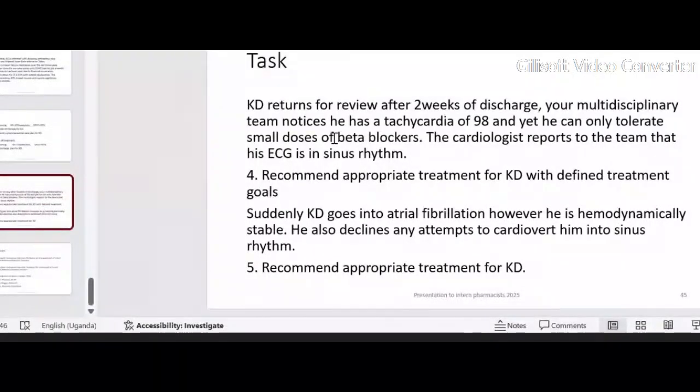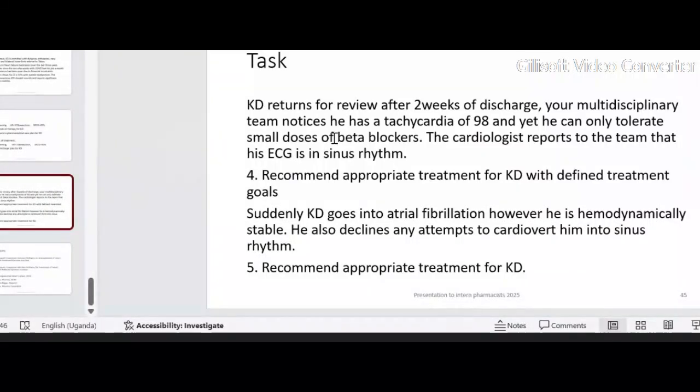So what do you do? Can someone say something? What do we do for this patient? You would have increased the dose of beta blocker, but when you try to increase it, this guy develops symptoms that are not nice. He's tired, he's decompensating. What do we do?